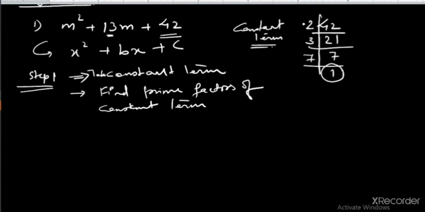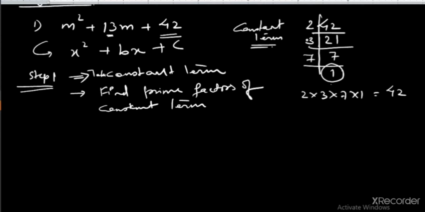What is our requirement is to just take out these numbers. So we have taken out here 2, 3, 7, 1. Now we know very well that 2 into 3 into 7 into 1 is going to give you 42 for sure, isn't it?